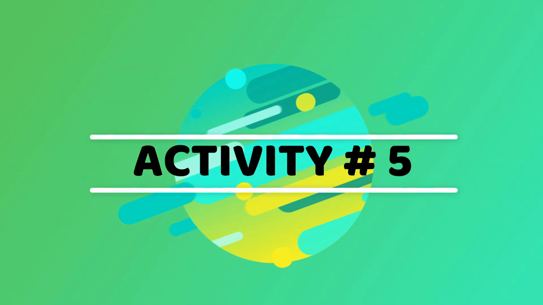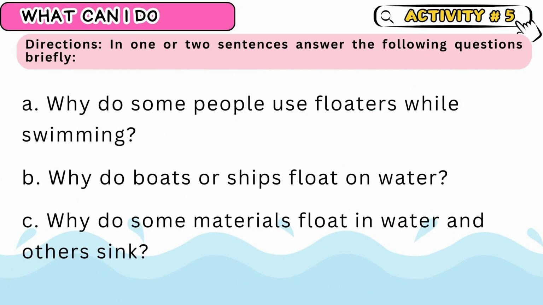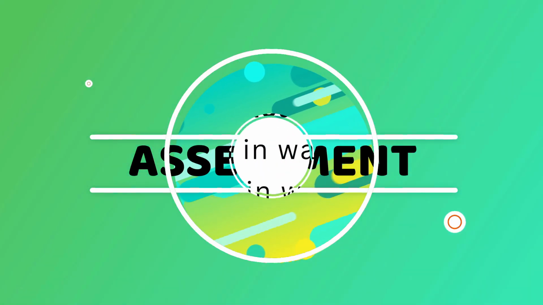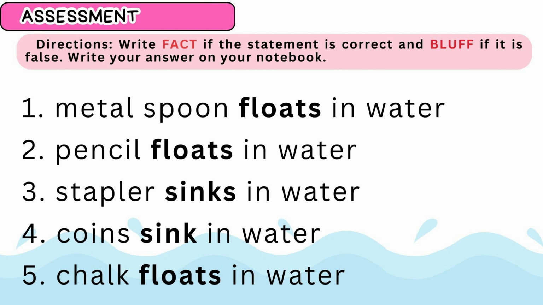Activity number 5. Directions: in 1 or 2 sentences answer the following questions briefly. Let us do our last activity. Directions: write fact if the statement is correct and bluff if it is false. Write your answer on your notebook.